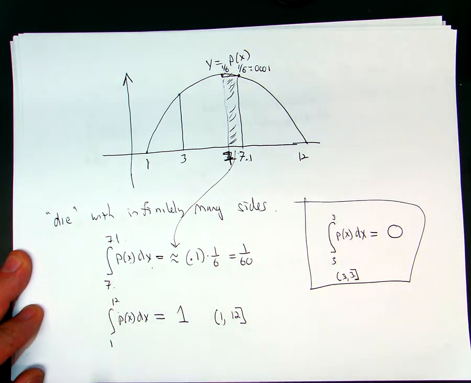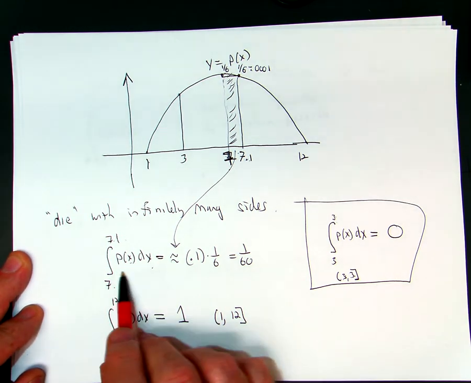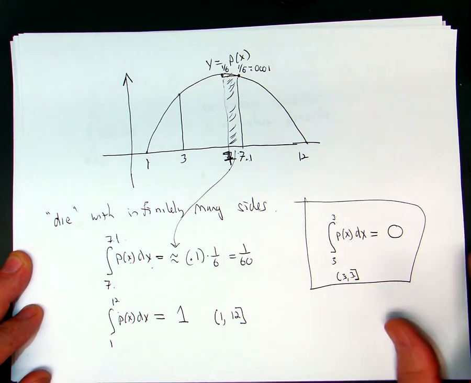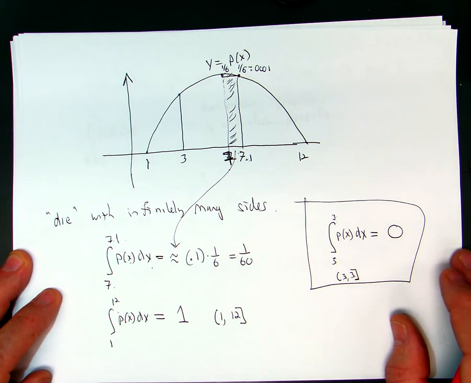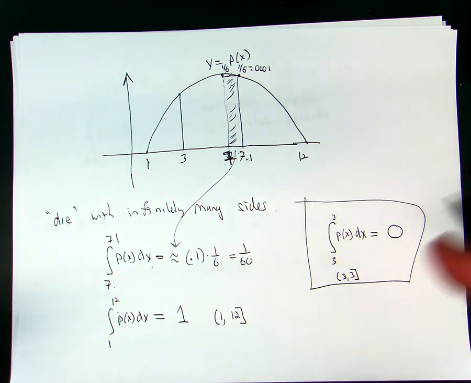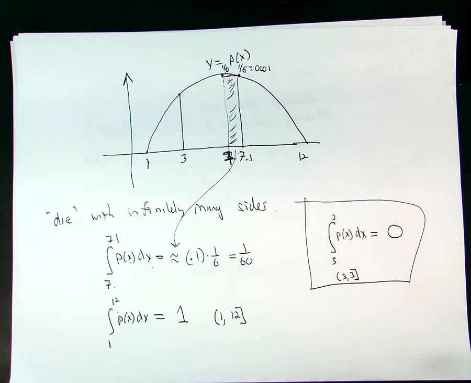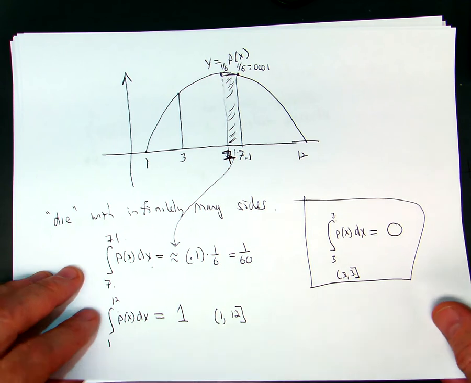So I connect it to the integral, and this magic function p of x will give me the probability of that. It's kind of a weird thing. But the way to envision it is going from a discrete probability where your outcomes are choppy to a continuous probability where anything can happen. I think of this particular example as a die with infinitely many sides. I hope that makes some kind of sense.